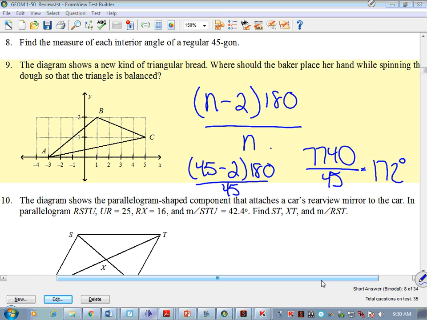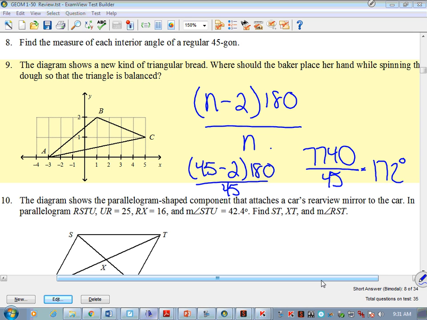Those are some pretty big angles, right? In fact, the closer and closer you get to a circle, the closer and closer that's going to get to 180 degrees. Okay? All right, which we're pretty close there. 172 degrees. Make sure that when we're talking about degrees, we're using correct labeling, which in this case means using a degree symbol.